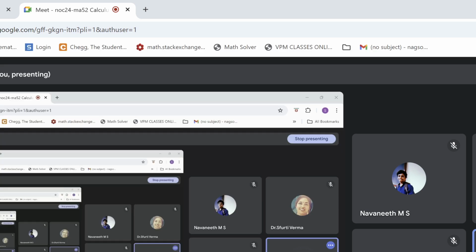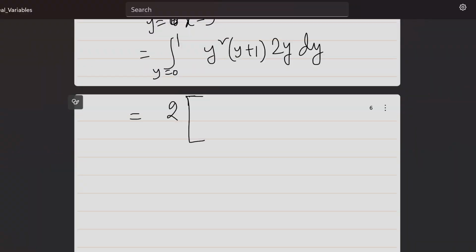Fine? Yes, sir, we can hear you. Can you tell me directly what is this integral? Directly can you solve? So we will split it into y to the power 4 plus y cube, and then we will solve them individually. 1 by 5 plus 1 by 4, right?